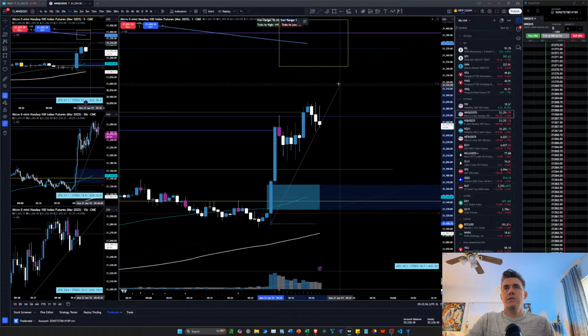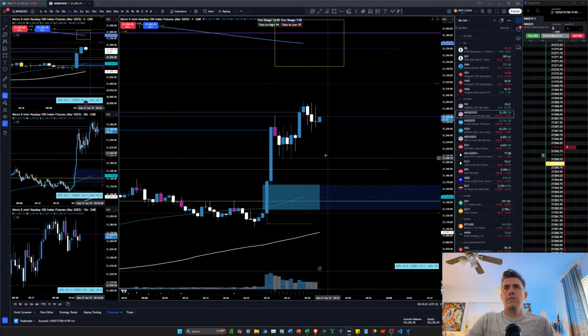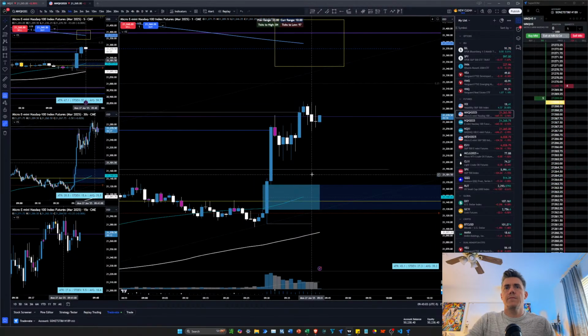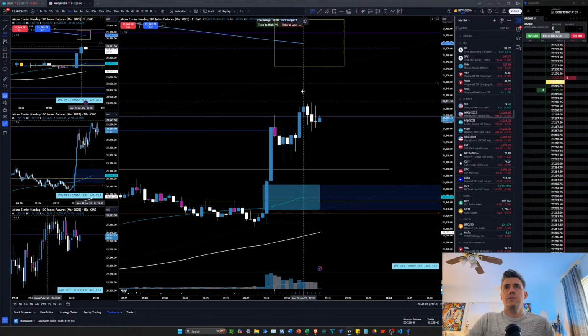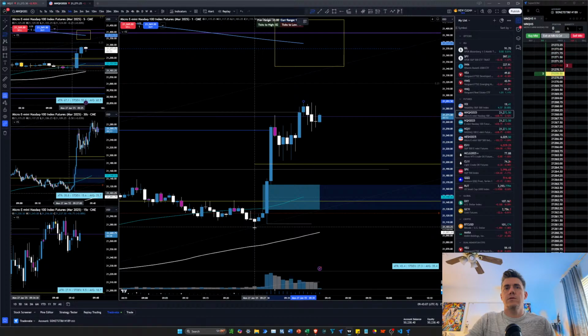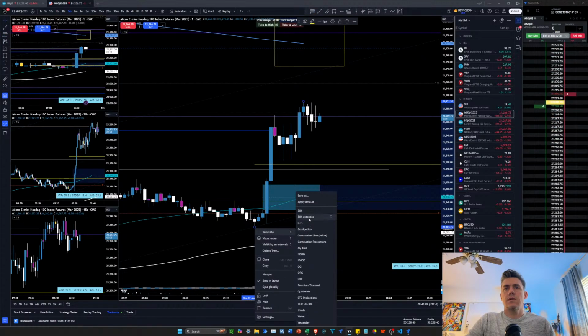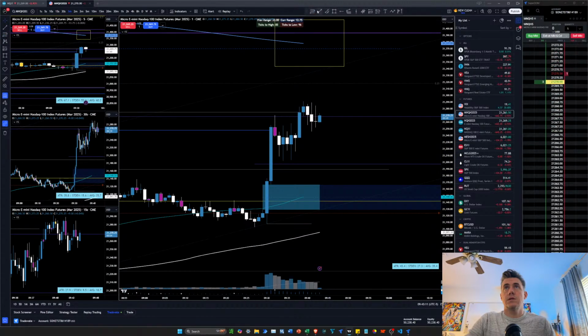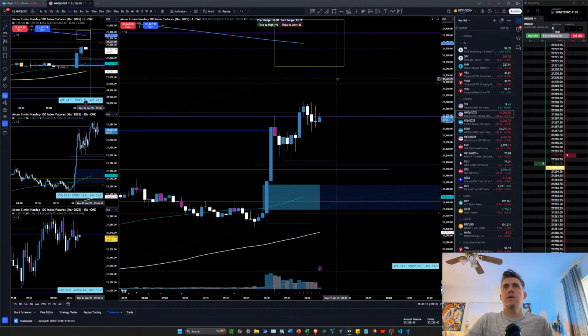Definitely can see this having a little bit of a deeper pullback here. Let's see, 50% of this range there. Extended. A little bit of liquidity here.